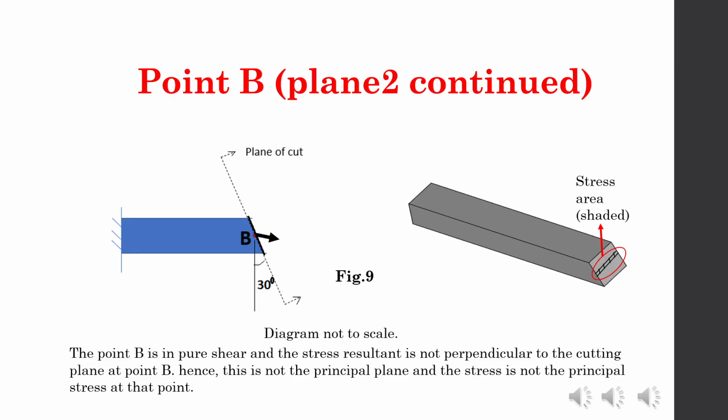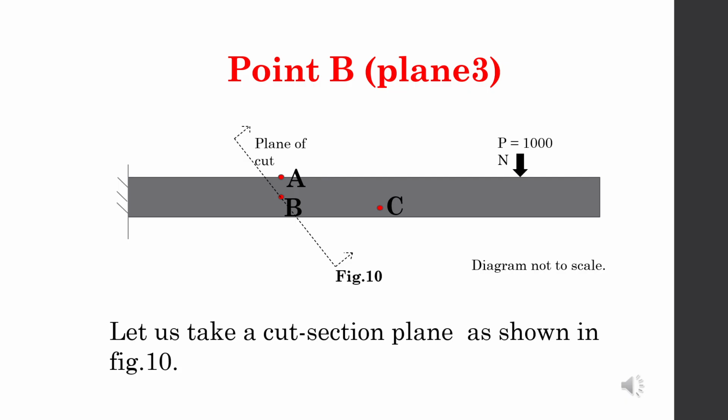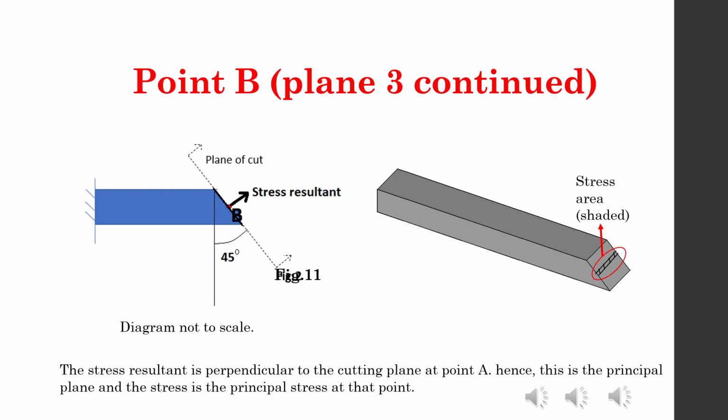Now that we have realized that the plane inclined at 30 degrees is not a principal plane, let us try a plane inclined at 45 degrees and see if it is the principal plane. So now you can see that the stress resultant is perpendicular to the plane of cut.